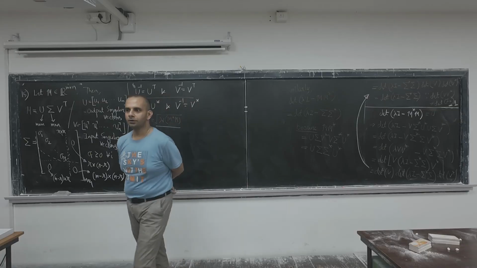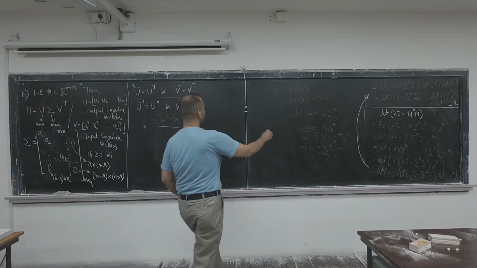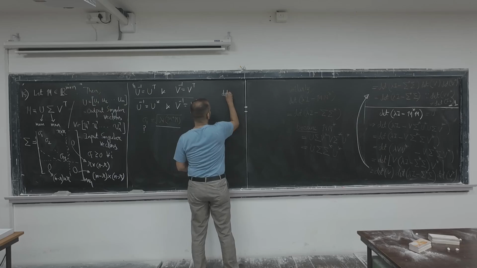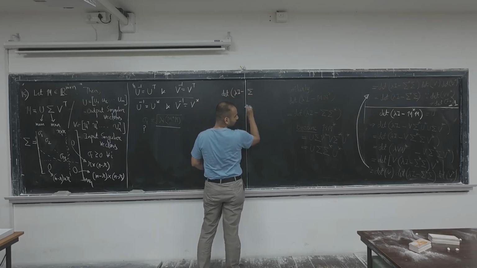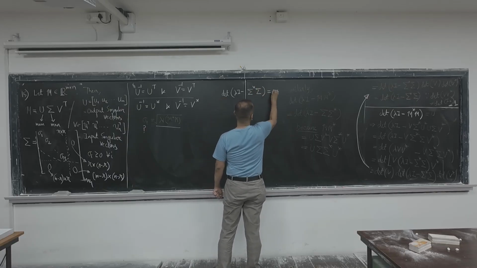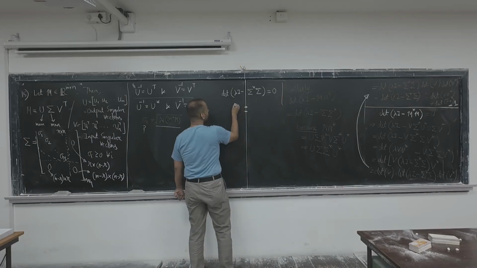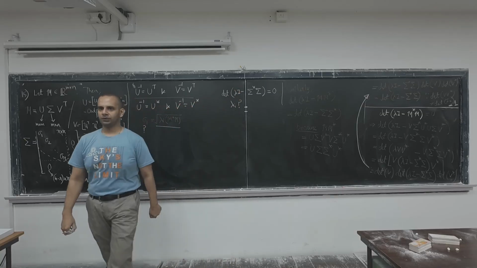Now, what is the conclusion? So finally what we are going to find is the determinant of lambda I minus sigma star into sigma equals 0. From that, what are these eigenvalues?